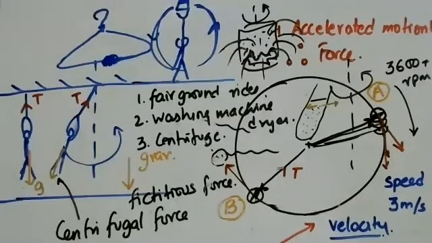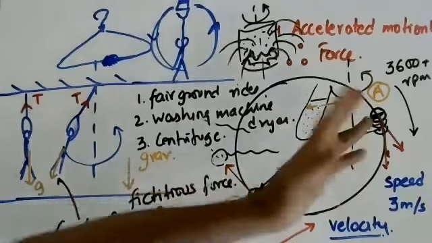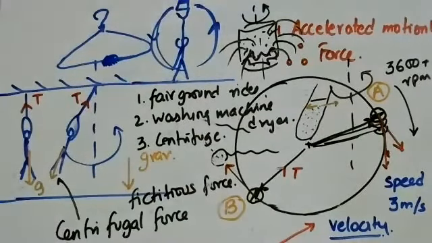Pilots who fly fighter planes have to execute turns and loops. During the execution of the turns and loops, they experience this centrifugal force, which actually increases the amount of gravity that your body is acted upon by.